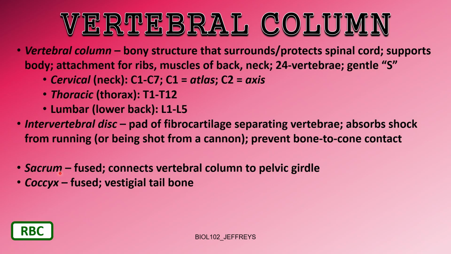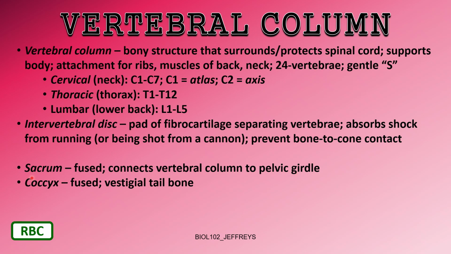Okay, your sacrum is a series of fused bones. Sacrum connects the vertebral column, C1 through L5, to the pelvic girdle, which is part of the lower limb, part of your appendicular skeleton.